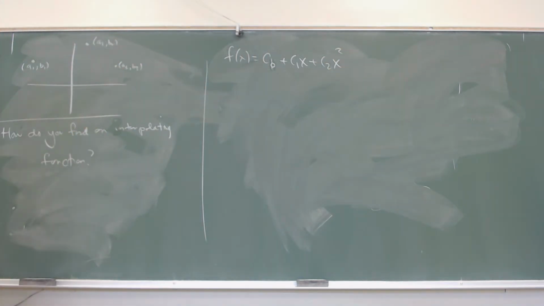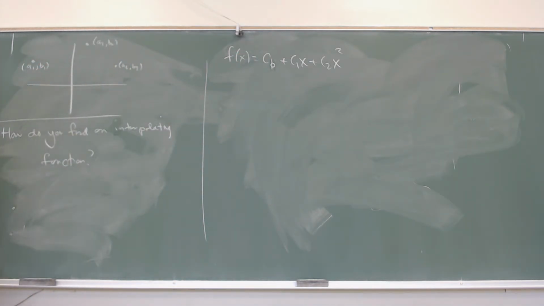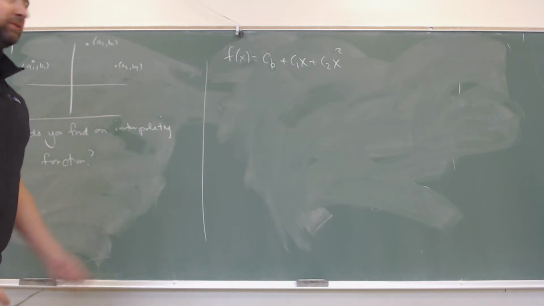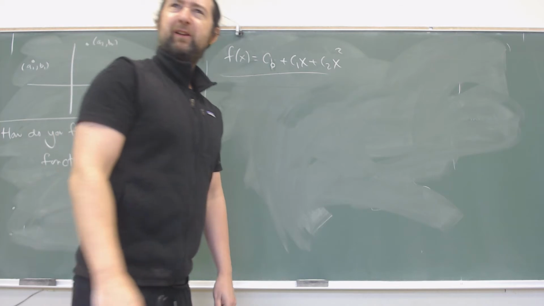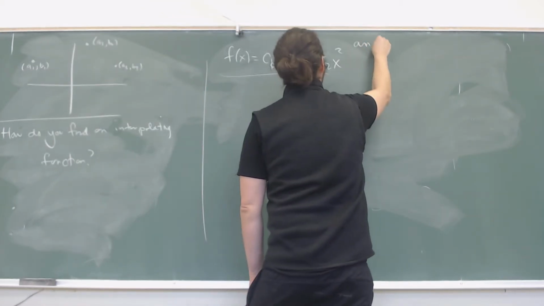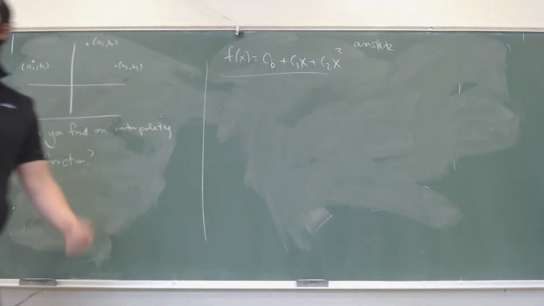And we're going to find c naught, c1, and c2. Don't worry, I'm not actually going to solve the system. I'm just going to write down what it would look like. So there's your guess. What was the word we came up with for guess last time? Ansatz. There we go. Pretty good guess.